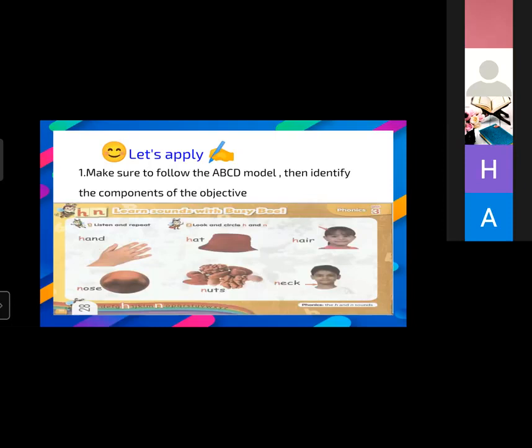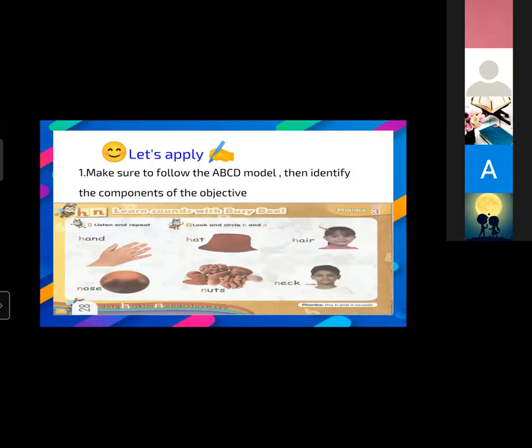Okay, can you think of another objective according to the ABCD model? Yes, I have one. Okay, go ahead. By the end of this lesson, the students will be able to successfully identify words that have the sounds and na.